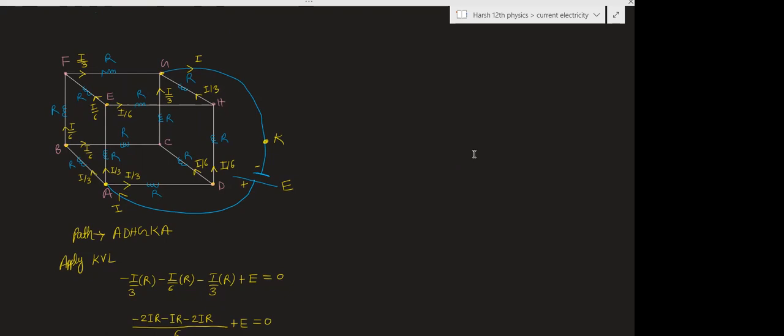This chapter is going to end, maybe today. This diagram is looking beautiful now.